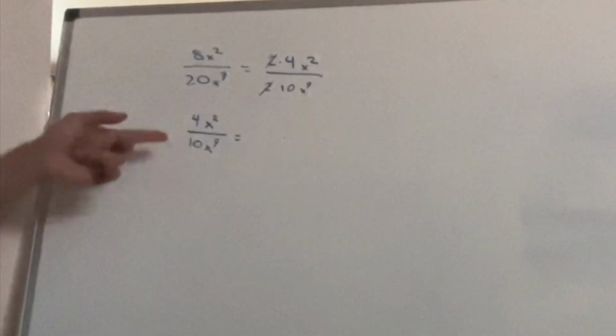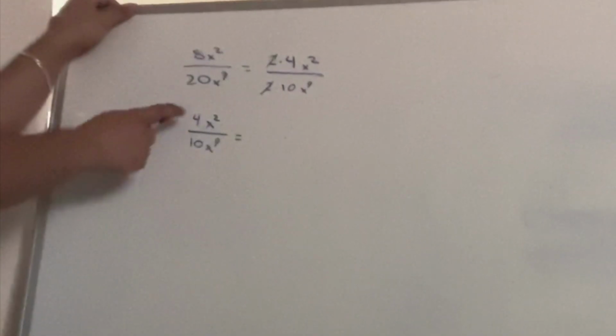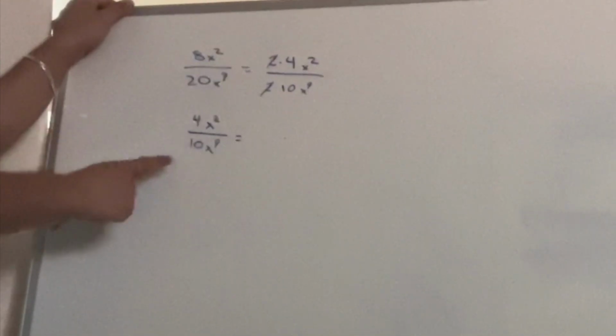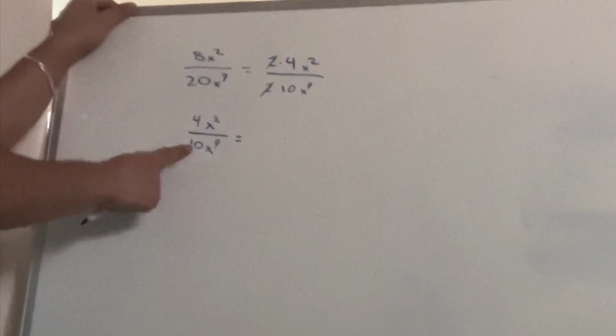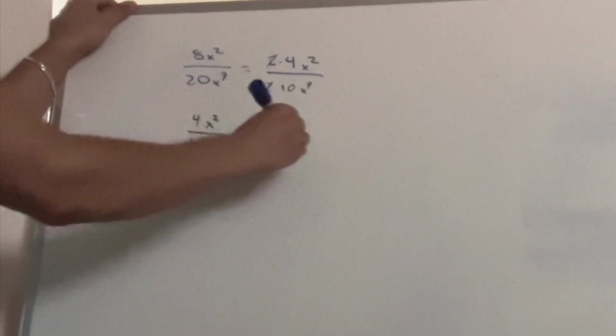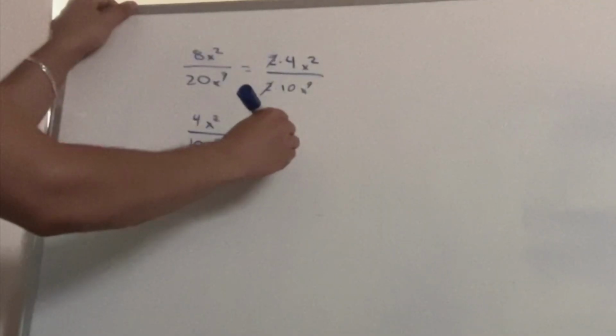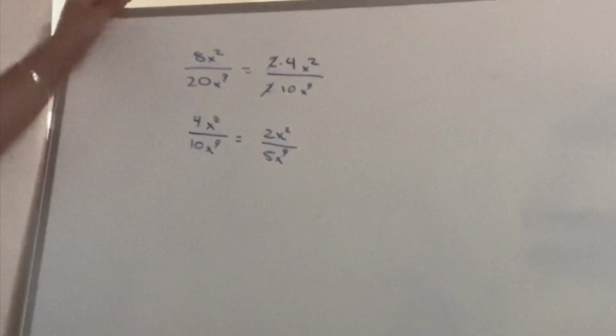We could still break down the numbers more. They're both even again, so we could go one step further. 4 is the same thing as saying 2 times 2. 10 is the same thing as saying 2 times 5. 2's cancel out, so you're left with 2x squared over 5x to the 9th, right?